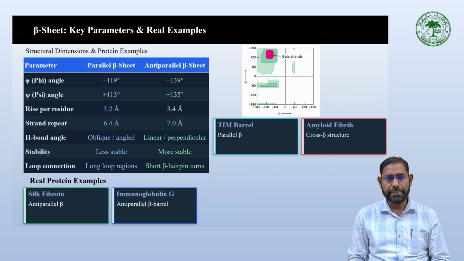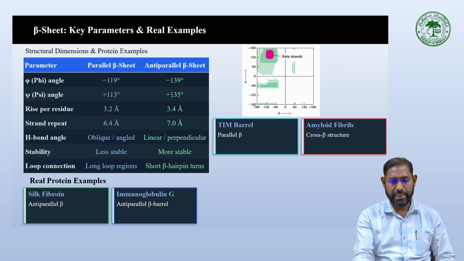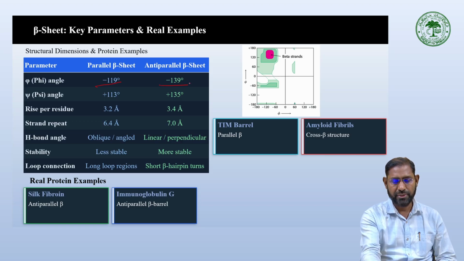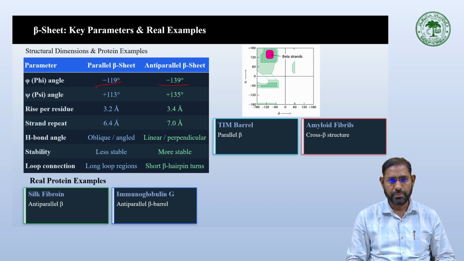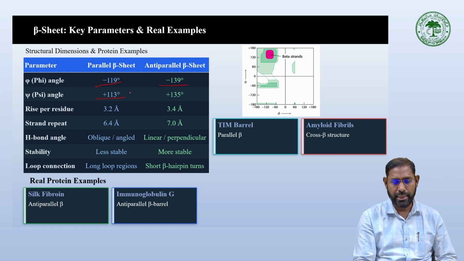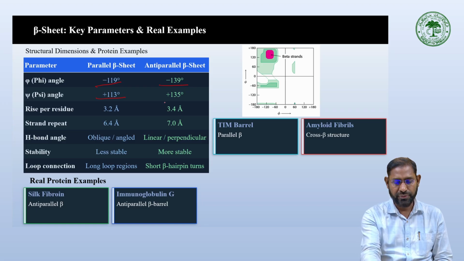Now the structural dimensions and protein examples. What are the parameters? Phi angle, psi angle, rise per residue, strand repeat, hydrogen bond, stability, and loop connections. Now we compare parallel and anti-parallel beta sheets. Phi angle in the case of parallel is minus 119, and in anti-parallel it is minus 139. Psi angle in the parallel case is 113 degrees, and anti-parallel beta sheet has 135.